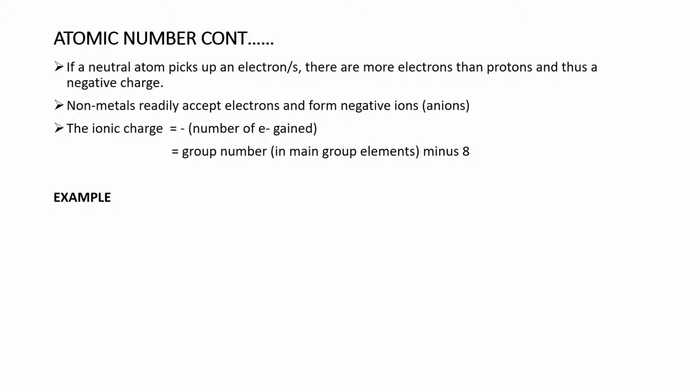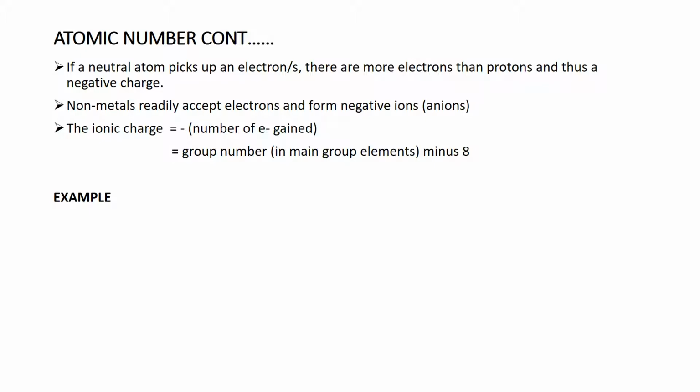What happens if an atom gains an electron or electrons? It will have more electrons than protons, and therefore will be negatively charged. Nonmetals are the ones that accept electrons and form negative ions, or anions.